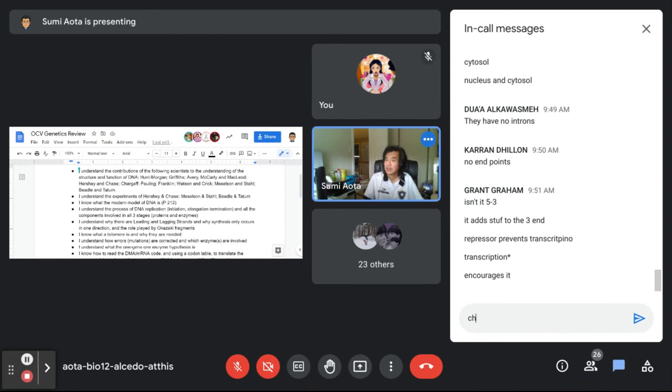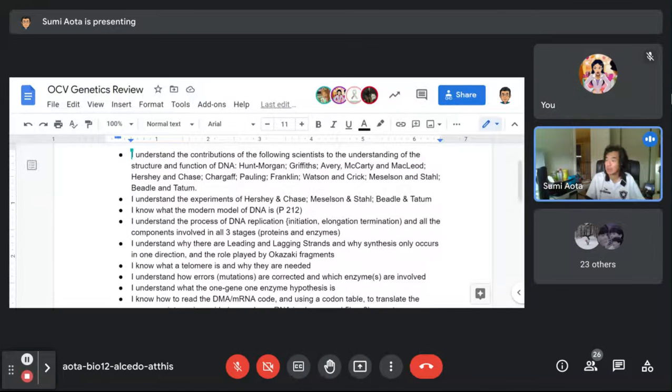Okay. You should be able to tell me how Griffith's experiment works and what the significance of his experiment was. You should be able to tell me what was significant about what Avery, McCarty, and McLeod discovered, how Hershey and Chase's experiment confirmed Avery, McCarty, and McLeod, Chargaff's rules, the influence of Pauling and Franklin on Watson and Crick, and be able to describe the Meselson and Stahl experiment, as well as Beadle and Tatum.